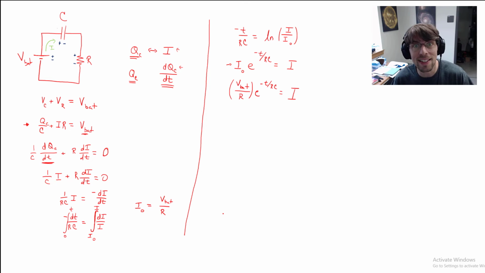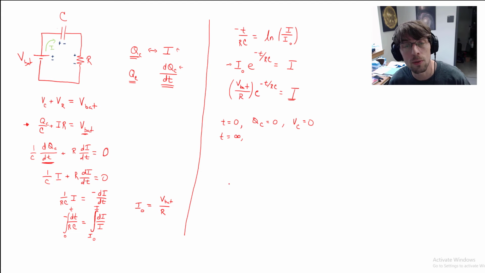Well, that's interesting. What does this say? At time equals 0, it's almost like the capacitor doesn't exist for a brief instant. At time equals 0, the charge on the capacitor is 0. Therefore, the change in potential across the capacitor is 0. Just for that brief time. How about time equals infinity? What can you tell me about the current when time is equal to infinity? The current is 0, right?